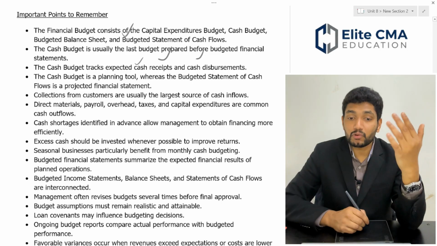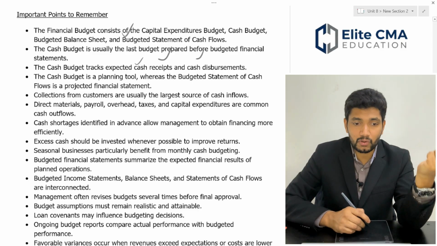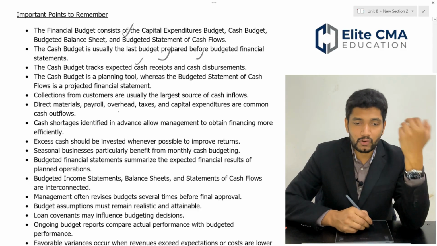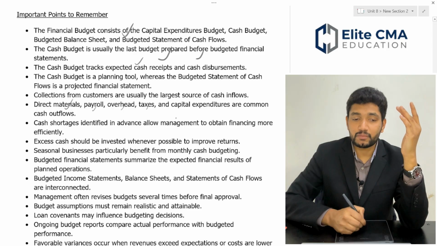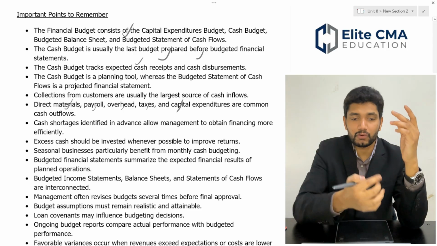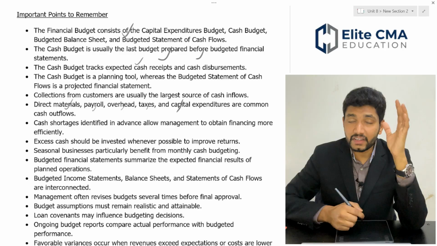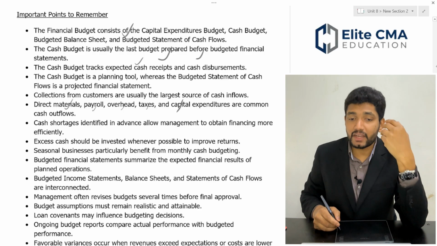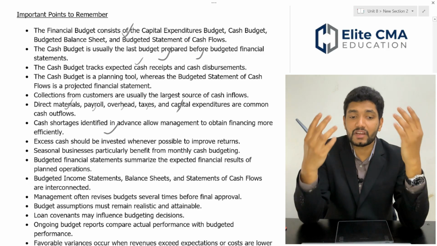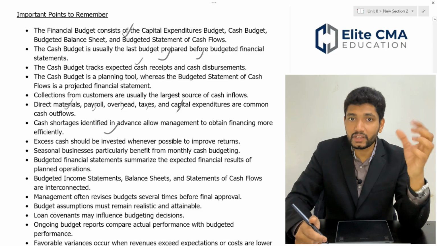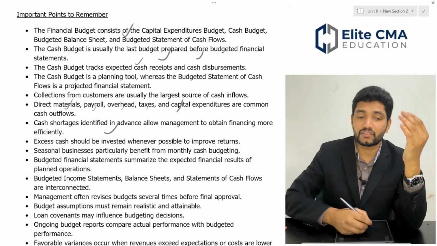Again, we discussed cash inflow: the collection from customers is usually the largest source of cash inflow. Then the key cash outflows, which include direct material, payroll, overhead, taxes and capital expenditure, are the common forms of cash outflow. Again, cash shortages have to be identified in advance, which will help management obtain financing more efficiently. If the company can understand the expected cash shortage in advance, it can plan the financing more effectively.